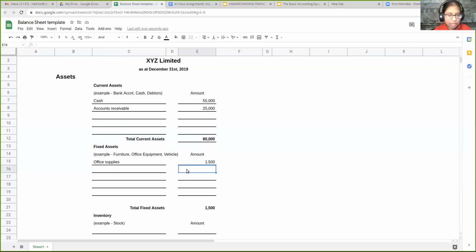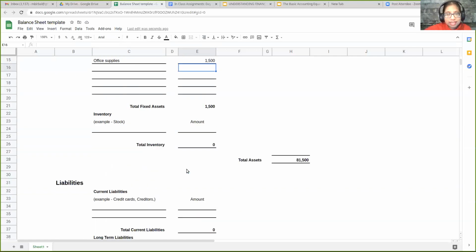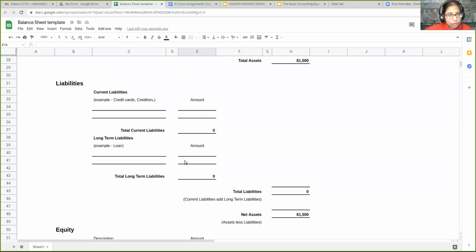Now, those words payable means that the business owes these things, right? They owe these things. So that's a liability for the business. So we can scroll down to the liability section and we can populate accounts payable under your current liability.